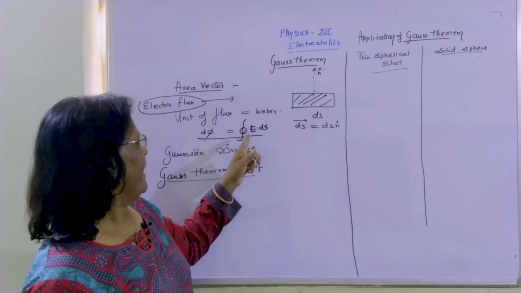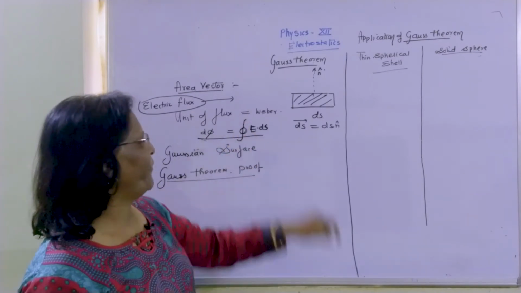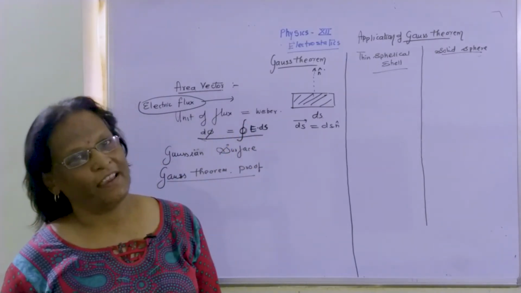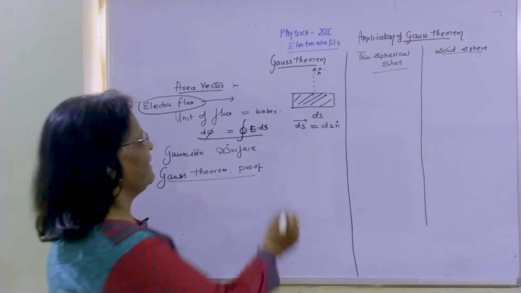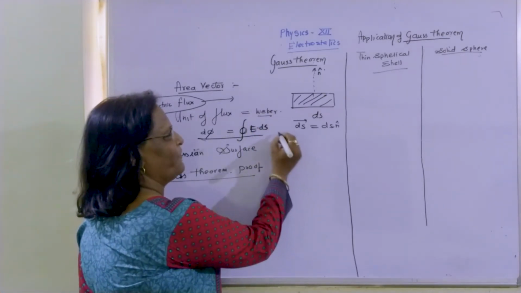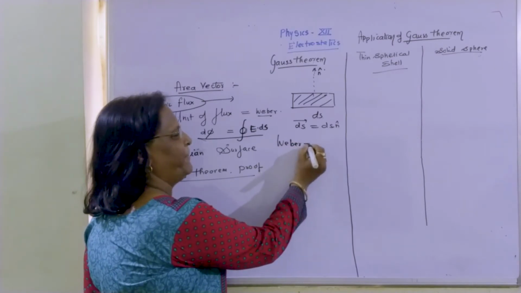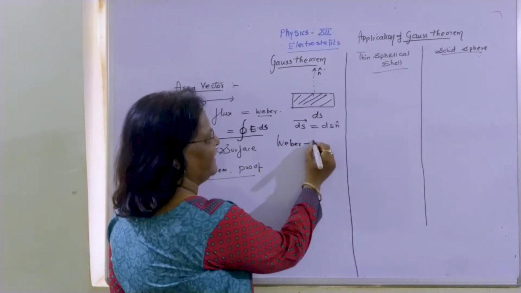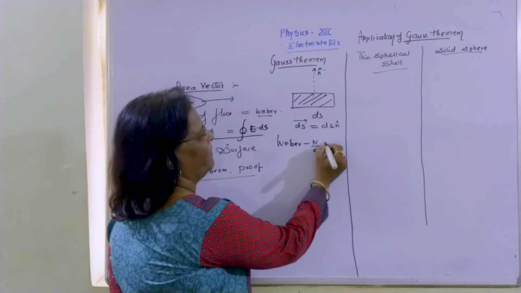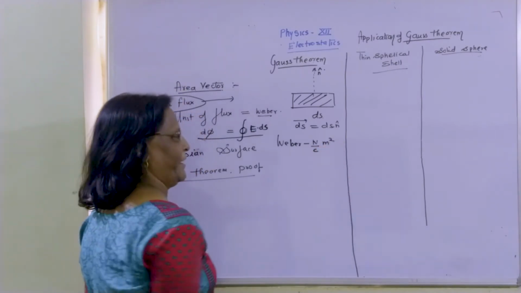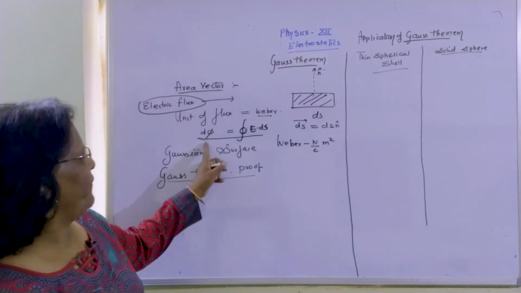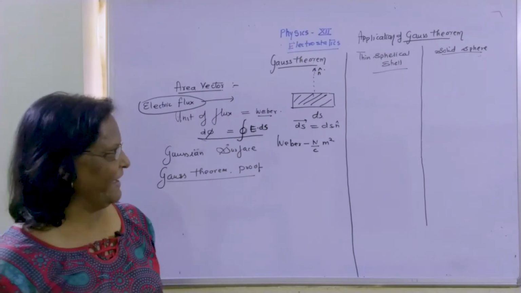Now, the unit for electric flux is Weber. So what does this Weber represent here? This Weber can be represented as Newton per Coulomb into meter square. Why? Because flux is equal to E dot ds.